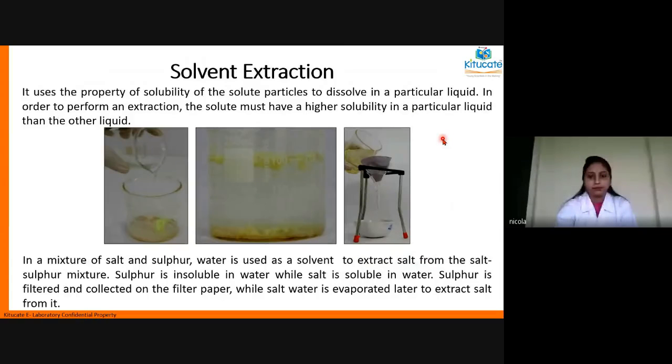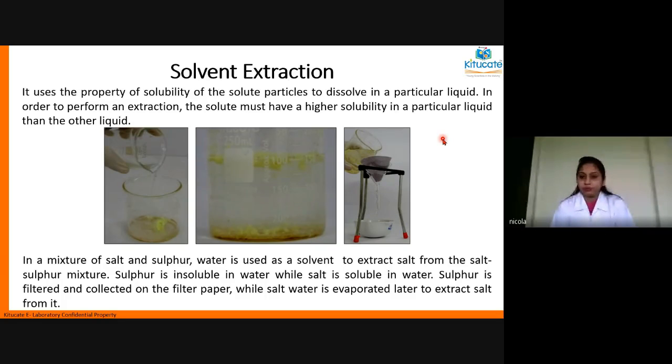All right. Now what is solvent extraction? In this example, they have made a mixture of sulfur, salt, and water. So there are three things mixed together: sulfur, salt, and water. Now, sulfur is insoluble in water, so we can separate out the sulfur with the help of a filter paper.